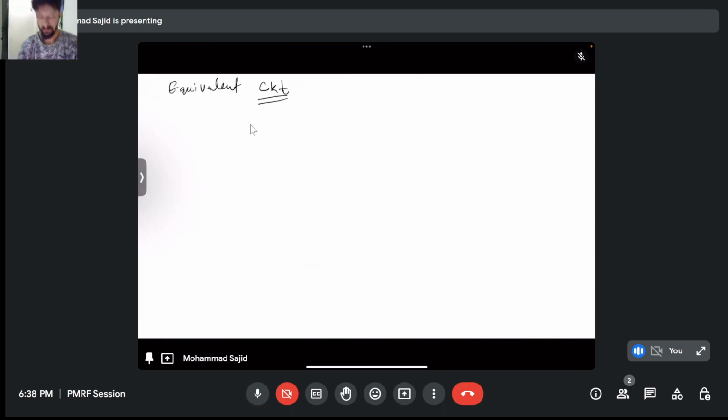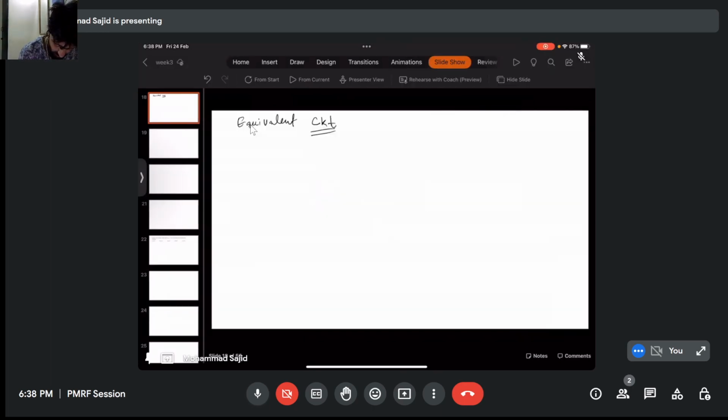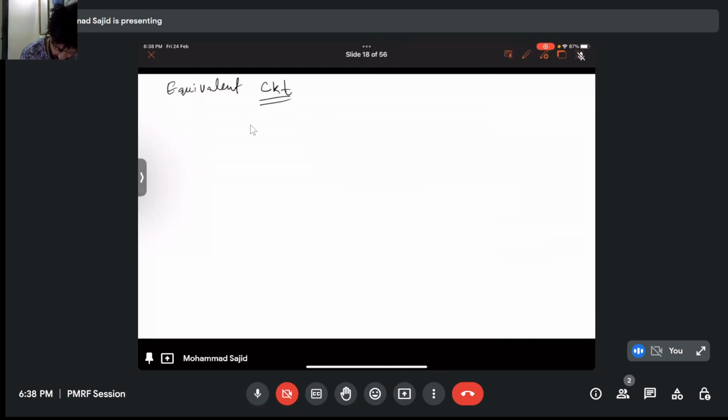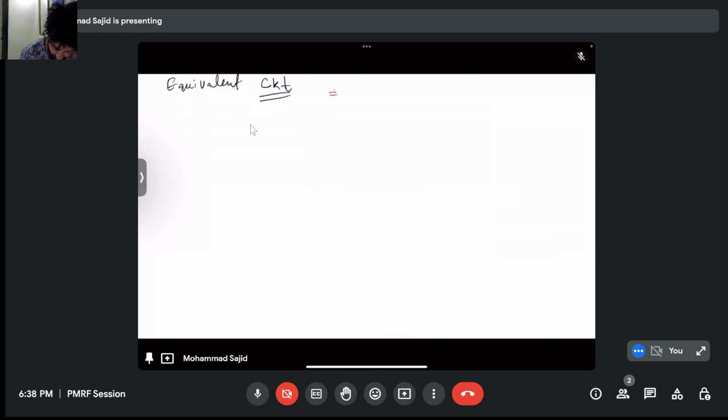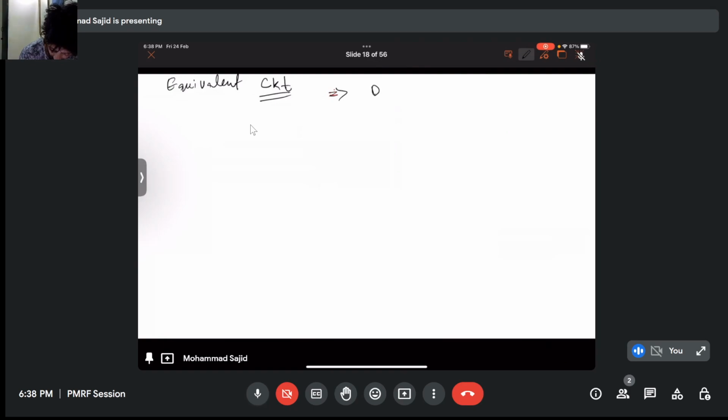We have studied about equivalent circuit in our first session also. Like for example, for diode, we drew diode as a resistor and a battery of some voltage, right?